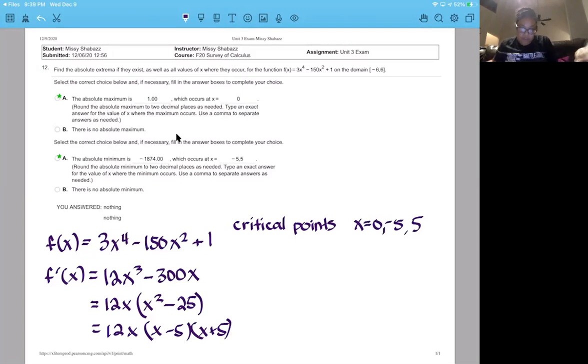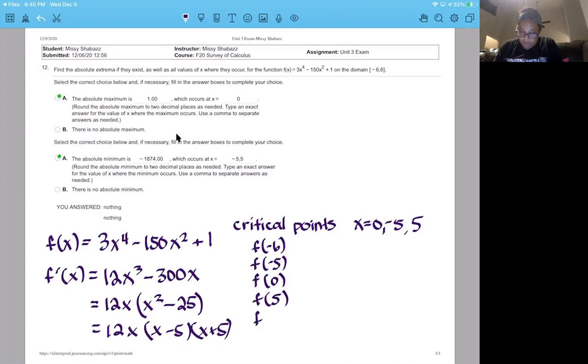So unfortunately, this one is going to require us to check a lot of points. So I need f of -6, I need f of -5, I need f of 0, I need f of 5, and f of 6. If I plug in -6, what do I get?